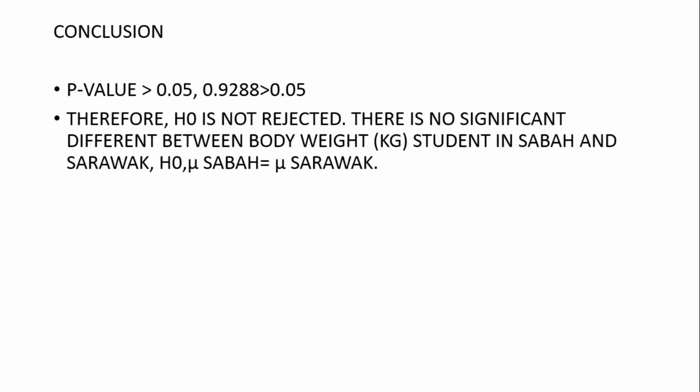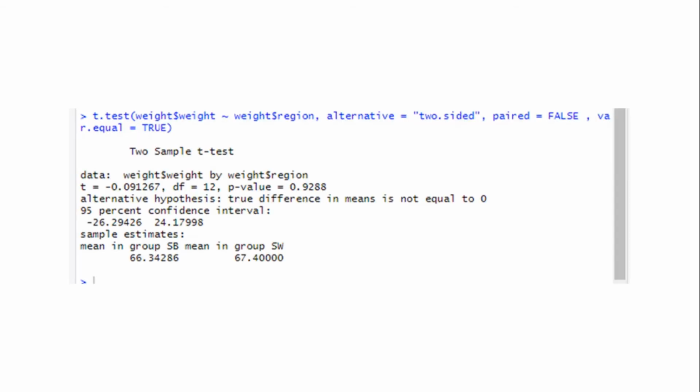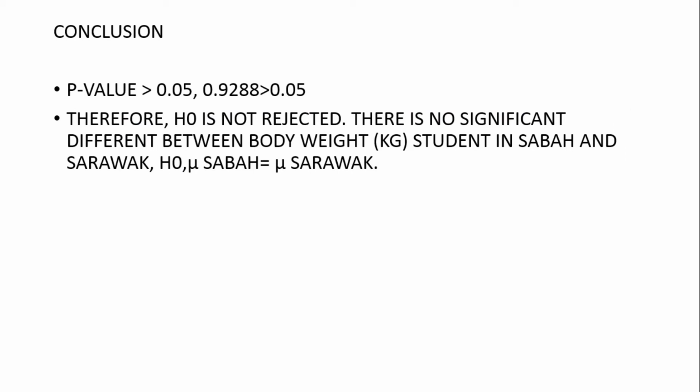As a conclusion, from the two independent t-tests, the p-value 0.9288 is greater than 0.05. Therefore, the null hypothesis is not rejected. There is no significant difference between body weight in kg of students in Sabah and Sarawak.